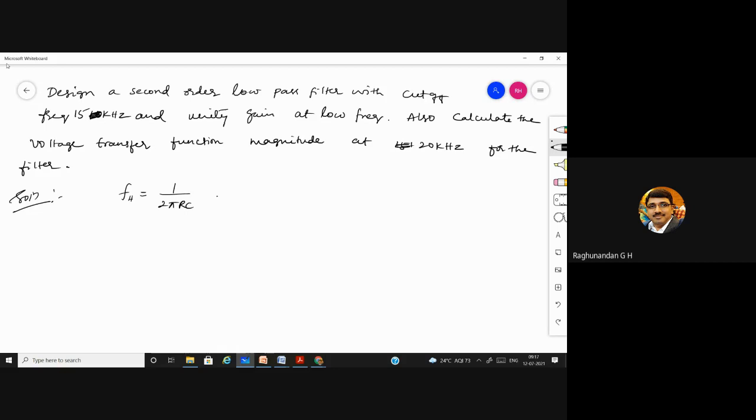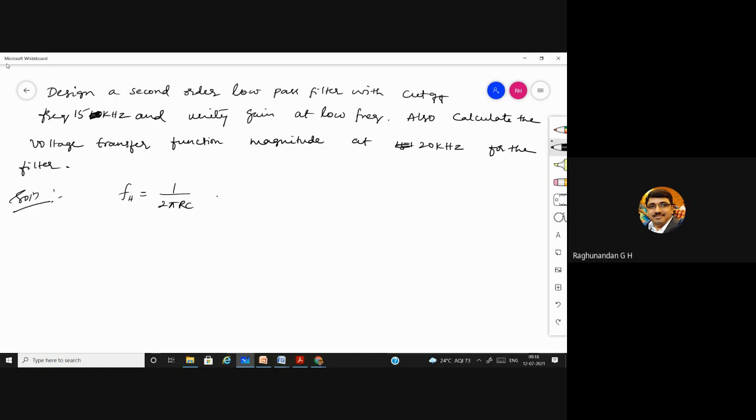We need to find them. So in order to find them, we need to assume some values. According to the design procedure, the capacitor value should be less than 1 microfarad and the resistance value should be less than or equal to 100 kilo ohm.